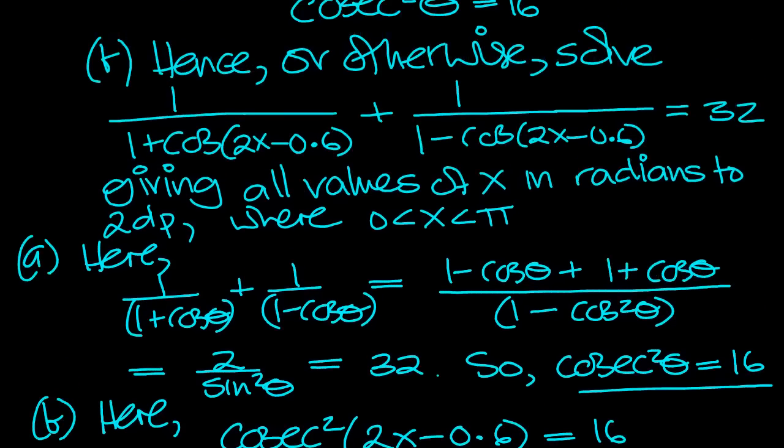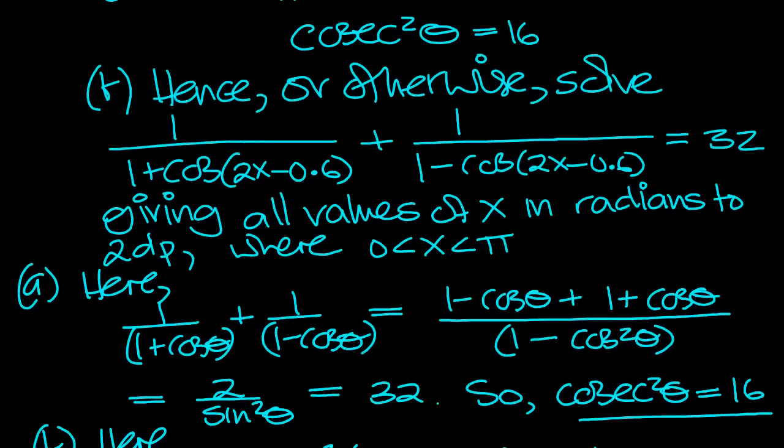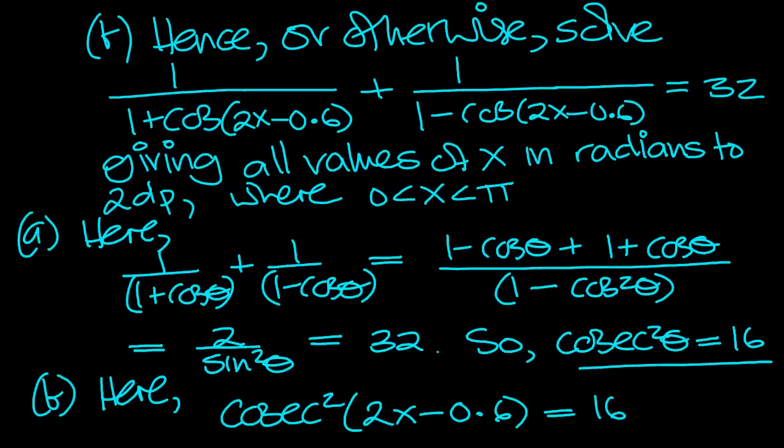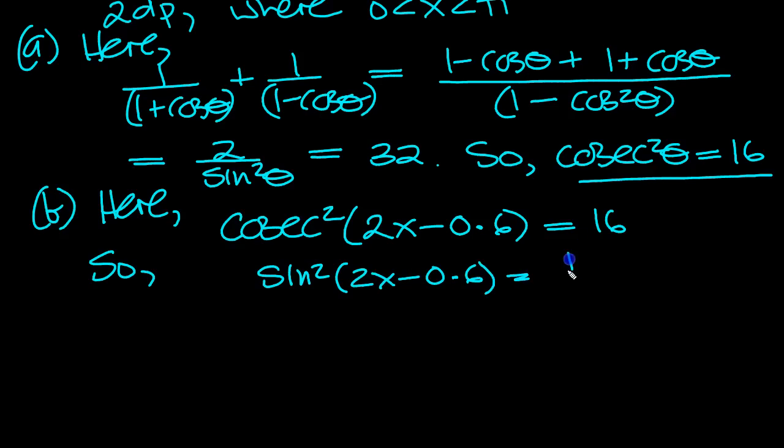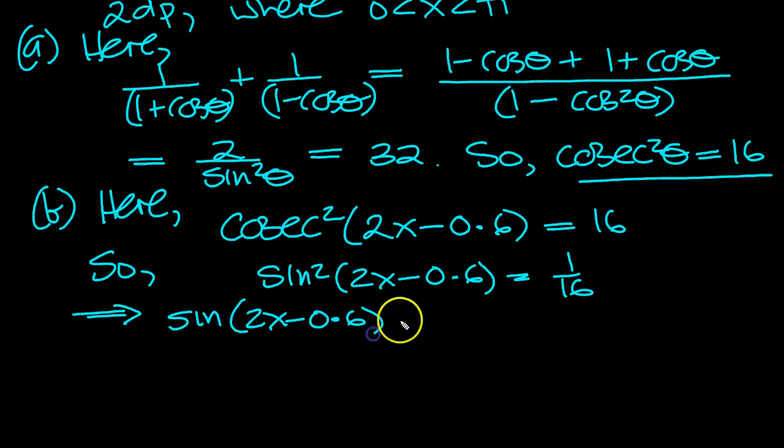Theta is 2x minus 0.6. So let's invert this. This is 1 over sine squared, so invert it to give sine squared of 2x minus 0.6 is equal to 1 over 16. Square root both sides. Sine of 2x minus 0.6 is equal to plus or minus 1/4.